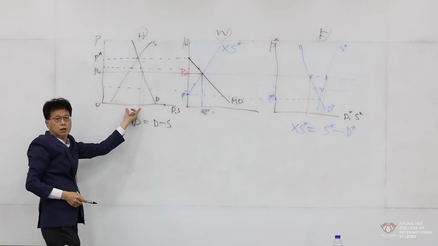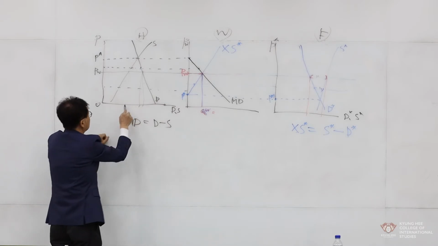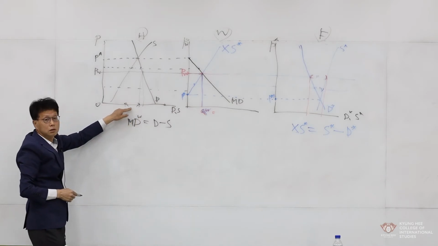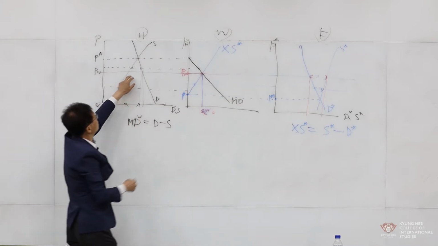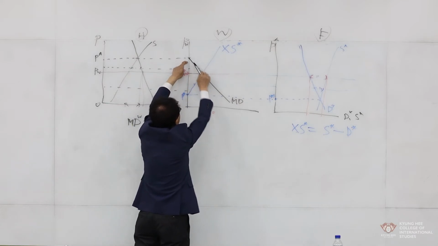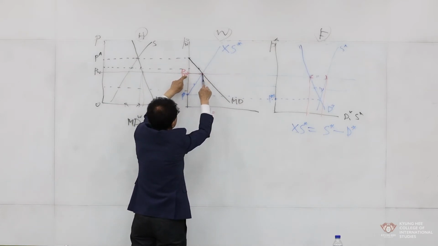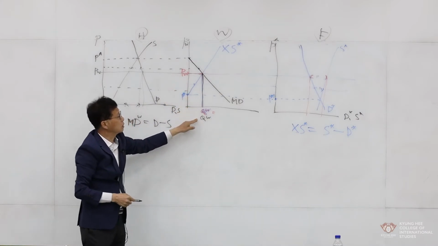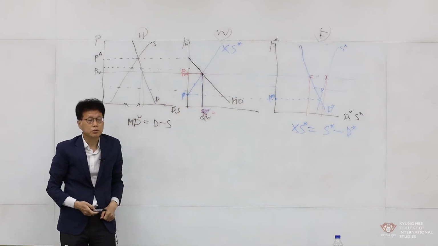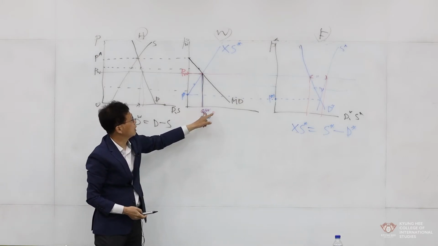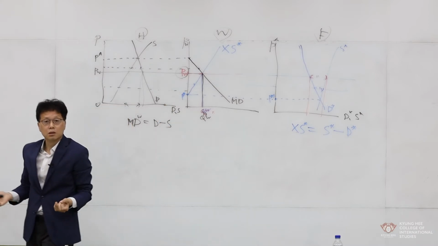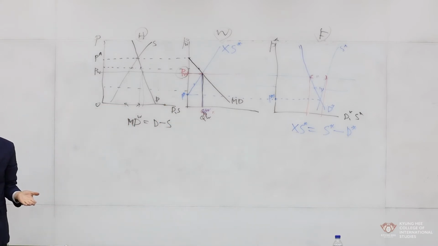This one is import demand at P W. In this import demand curve, the price is here and import demand is Q W. Okay? Two things are the same: import demand by Korea is equal to export supply by Australia when the price is P W. Can you understand? Right? That is the world price.